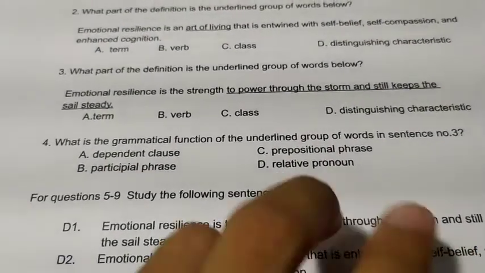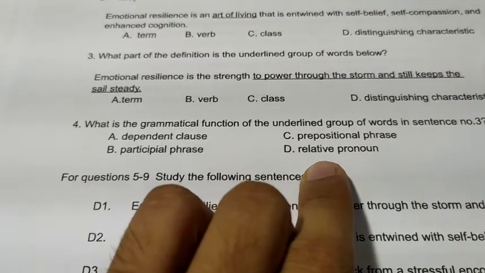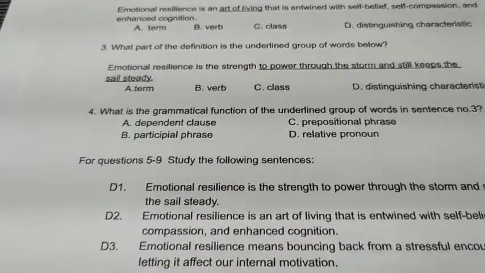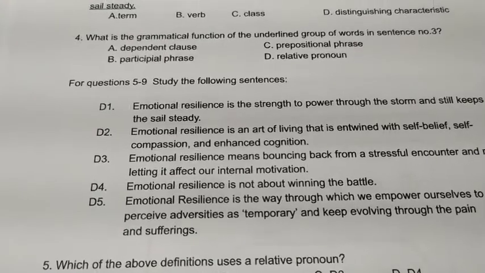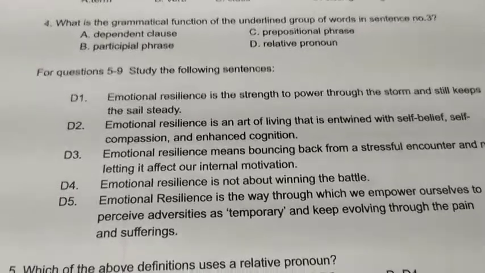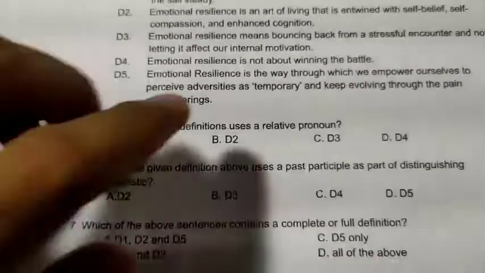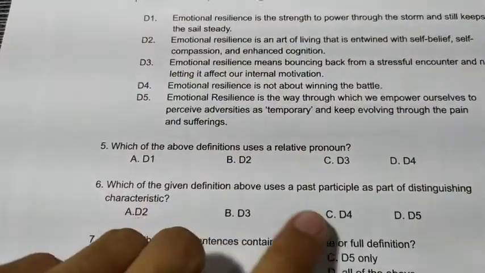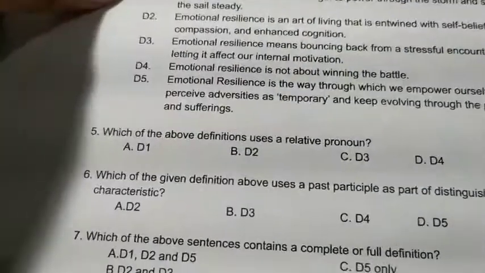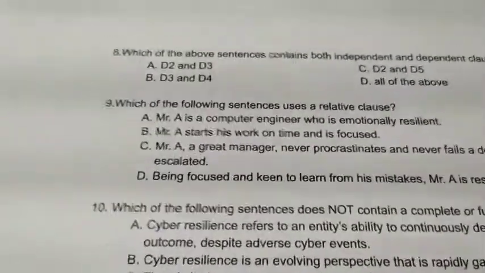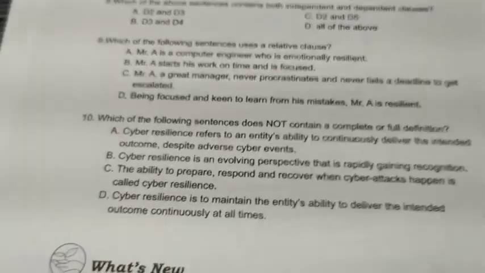A relative pronoun is, for example, who, what. For questions 5 to 9, study sentences D1 to D5. Then identify which uses a relative pronoun, which uses a past participle, the full definition, and what is being described in each number.